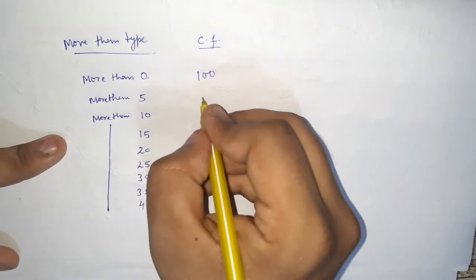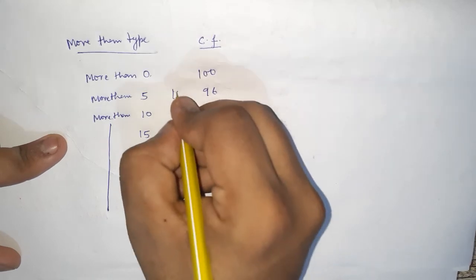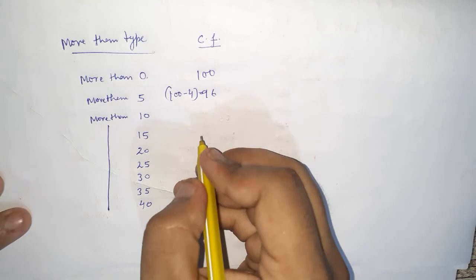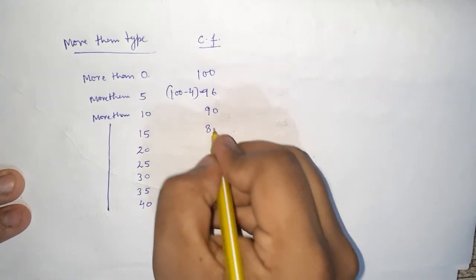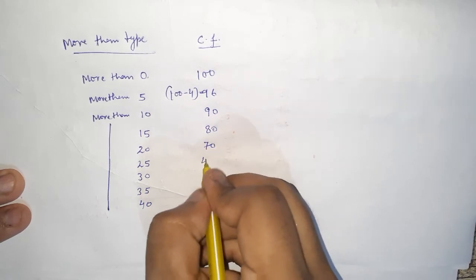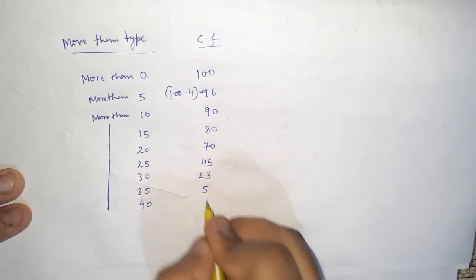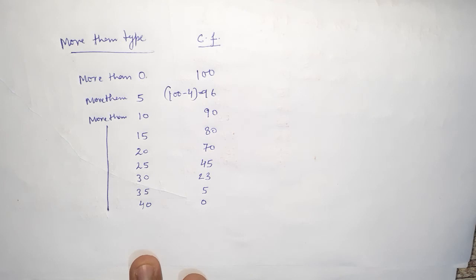So 100 minus 4 will be 96. Likewise 90, 80, 70, 45, 23, 5 and 0, like that. So these are the reversed cumulative frequency.